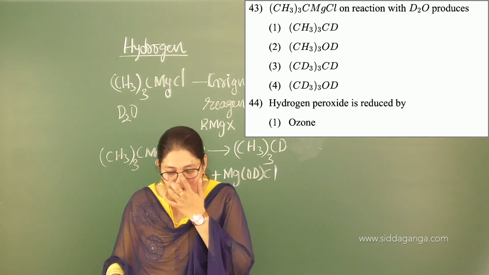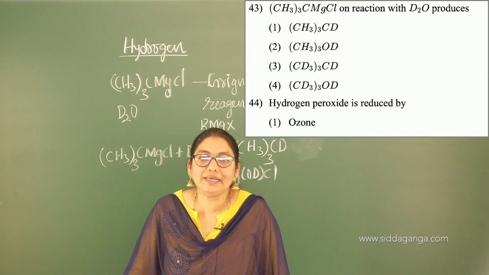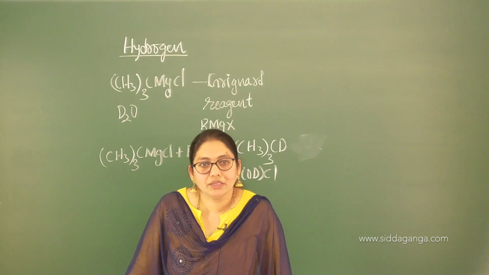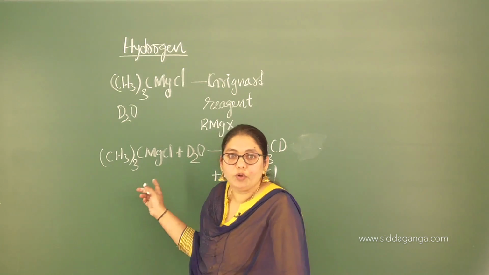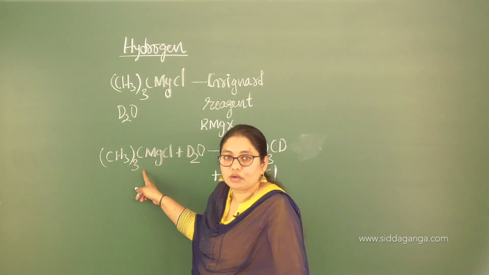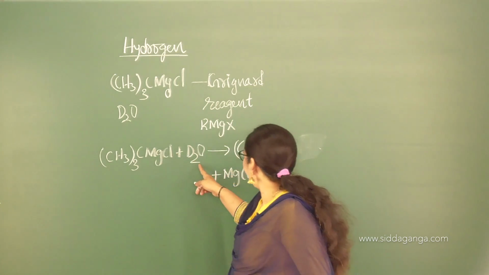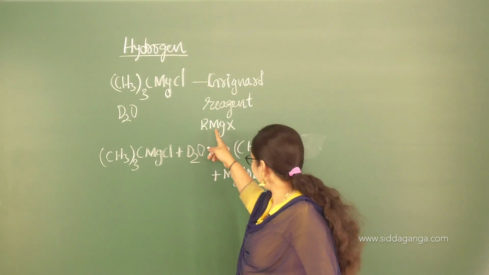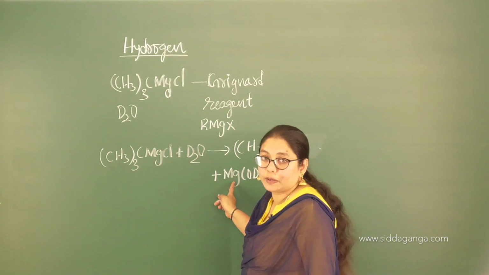Okay, so in place of D, if you take H, that will become butane. That is the compound you are going to get when you react the Grignard reagent with heavy water. Whatever the Grignard reagent may be, you are going to get this as the product.